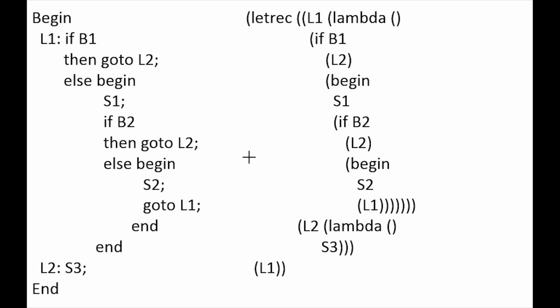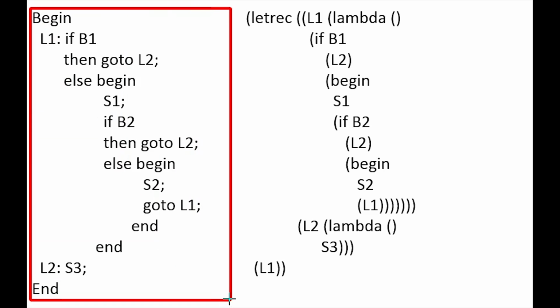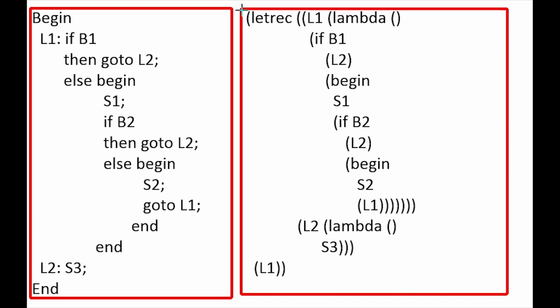So with this observation in mind, we take the program here on the left that we have seen, and we program on the right the counterpart in Scheme with use of tail recursive functions.